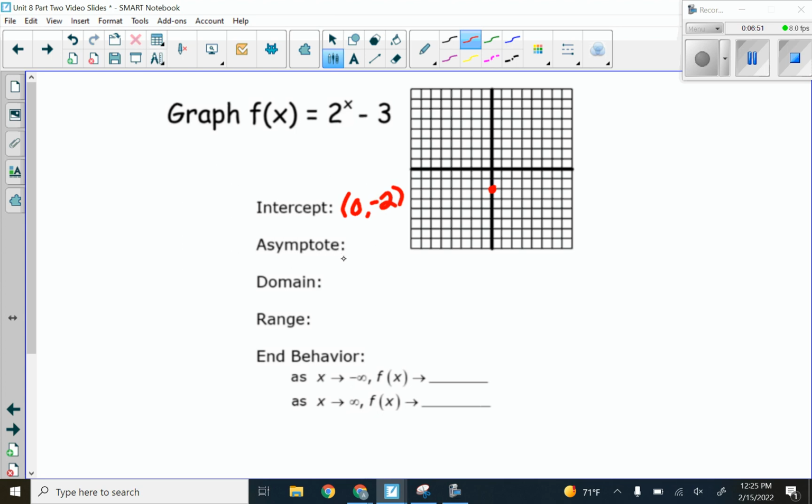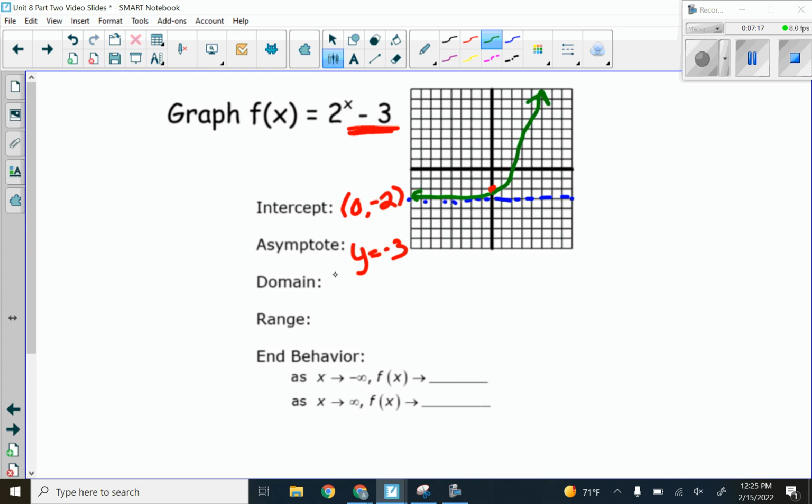Our asymptote we get from here. y equals negative 3. So we're going to have that asymptote there. We'll get really close to it, but ideally never touch it. And then we'll go up.